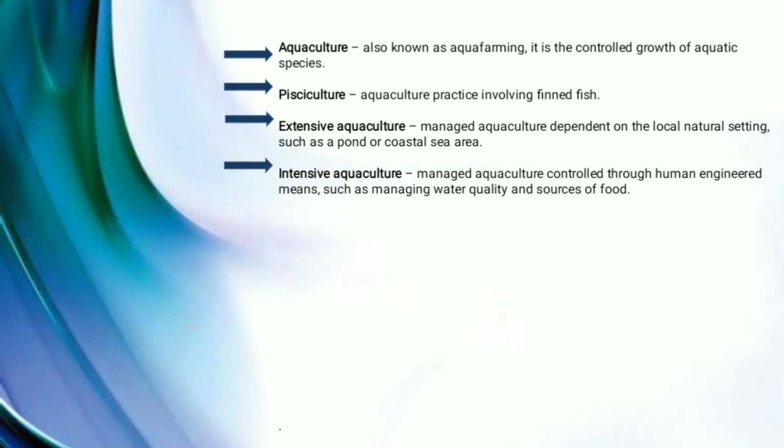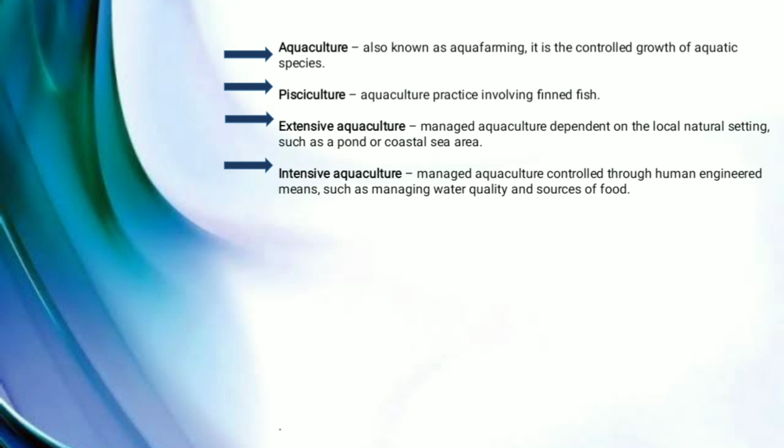That was extensive aquaculture. Now we are going to discuss intensive aquaculture. That is also managed aquaculture, controlled growth. It is human engineered, which means you are providing artificial feed to the fishes because your density is abundant in the pond or in a circular tank in which you are rearing or cultivating your fish species.